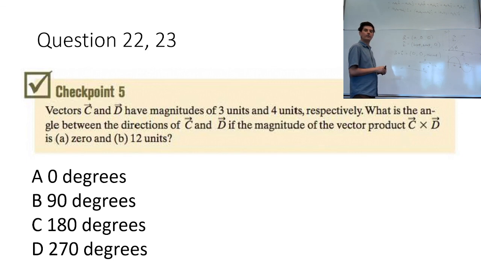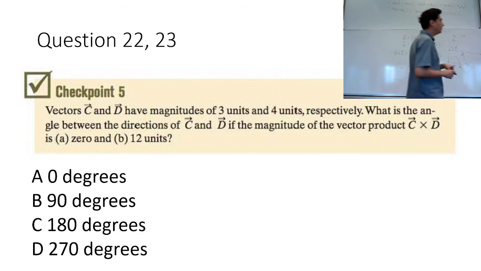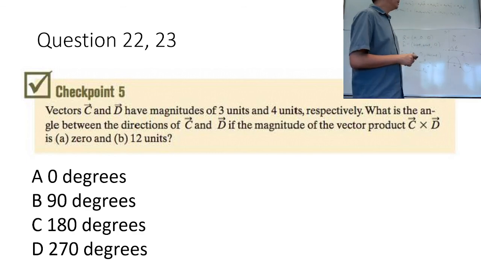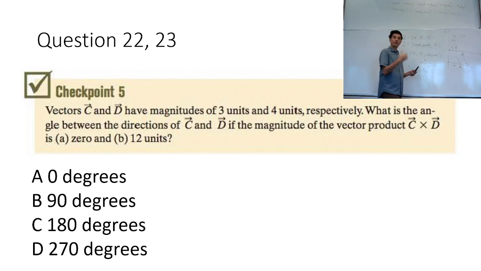No? Who thinks yes? As in, 270 is also a valid answer. Okay, who thinks no? Okay, we're getting no answers here. Okay, so I think it is a valid answer too, because it says the magnitude of the vector product, right? So all this would change is the direction of the resultant vector.